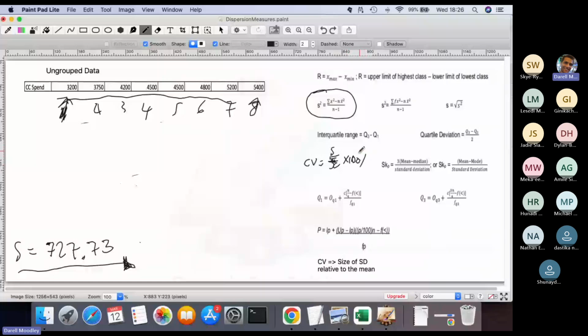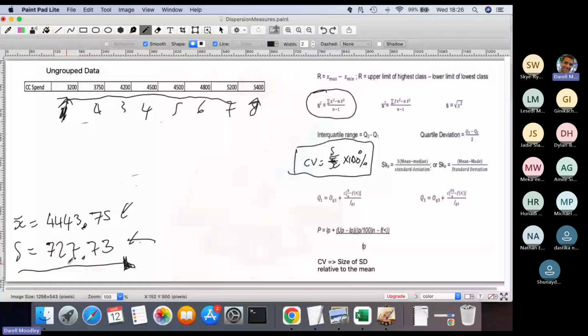Now, you already worked out your S. We did our X bar earlier. X bar we worked out, it is 4443.75. So if you want this, all we need to do is substitute your S and your X bar in it. There's your S, there's your X bar.